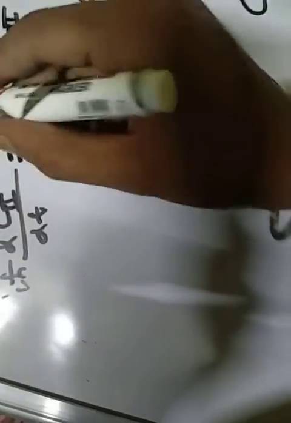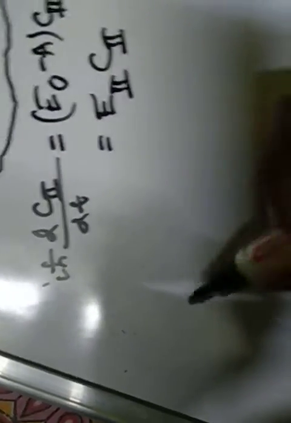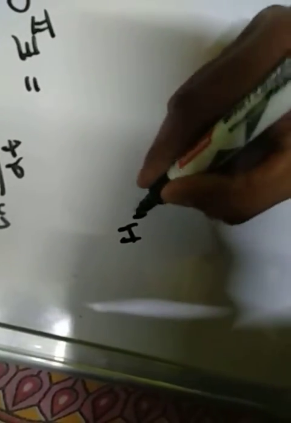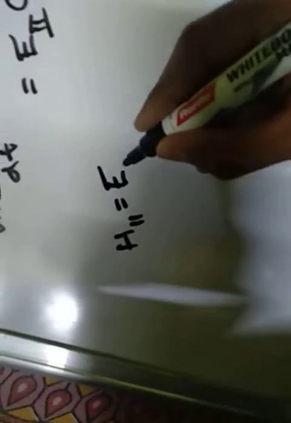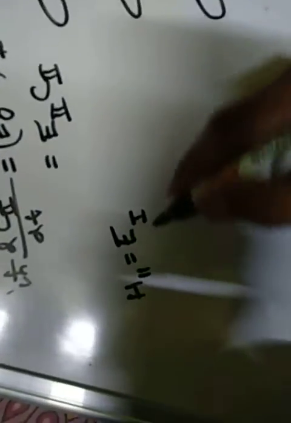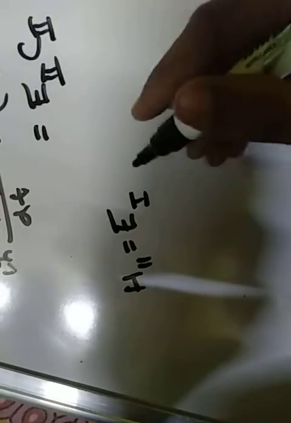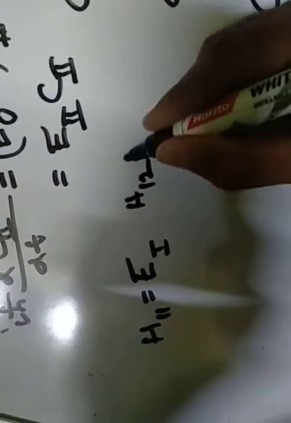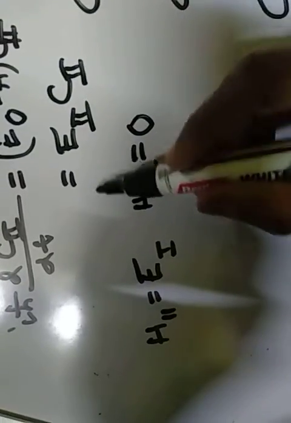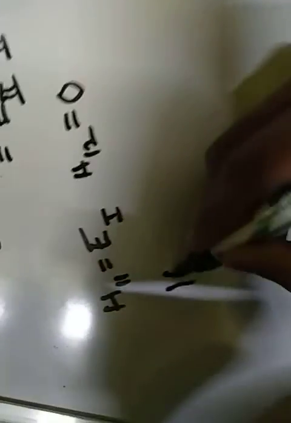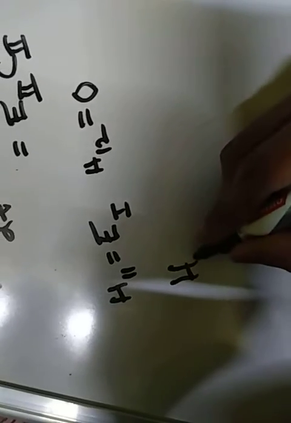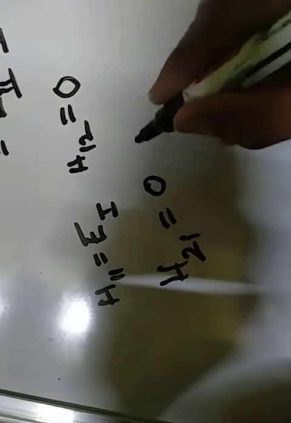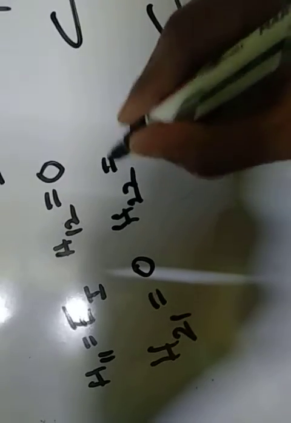Now it is very easy to calculate from here what will be the Hamiltonians. See, first of all here C1 carries a coefficient of E Roman 1, then H11 will be equal to E Roman 1. H12 will be equal to 0 because C2 is not there, and for this thing, this will be H21 and this will be equal to 0, and H22 will be equal to E2.